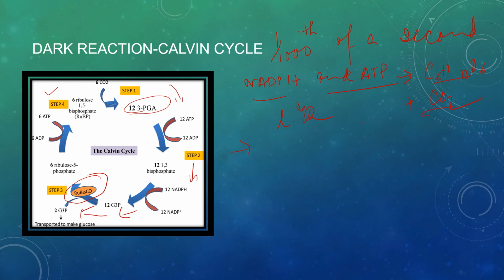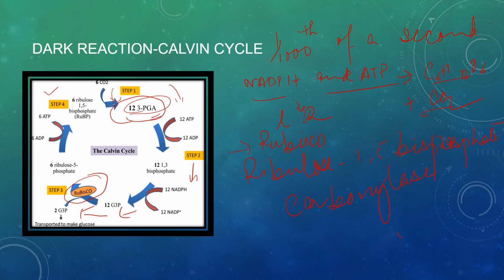The full form of Rubisco is something you should learn. The full form of Rubisco is ribulose 1,5-bisphosphate carboxylase. So this is what is happening here in this sequence of reactions. Carbon dioxide enters, and in step 1 it forms 3-phosphoglycerate.